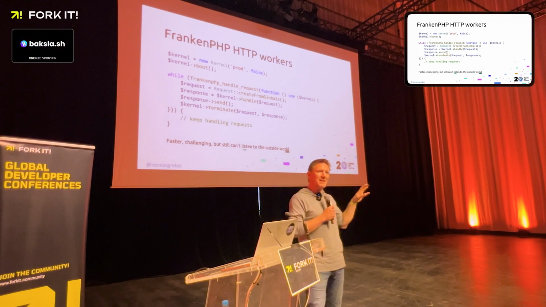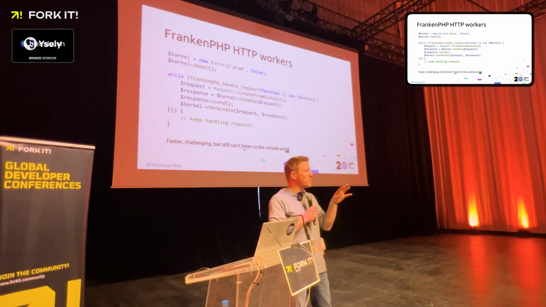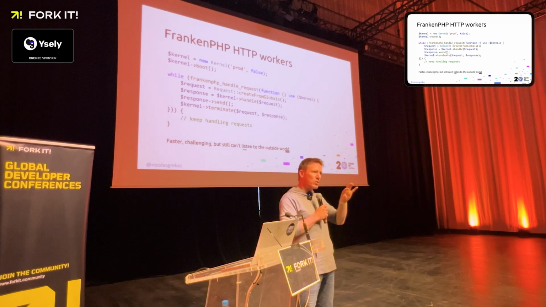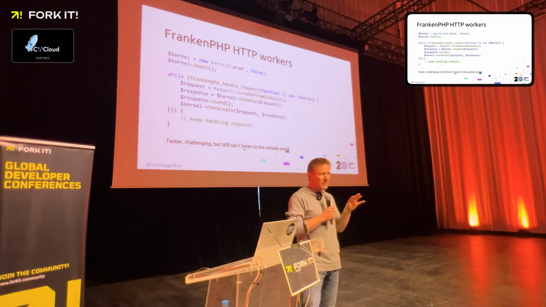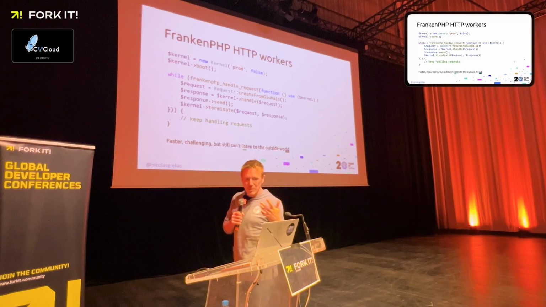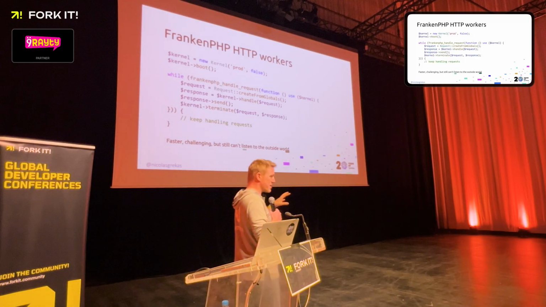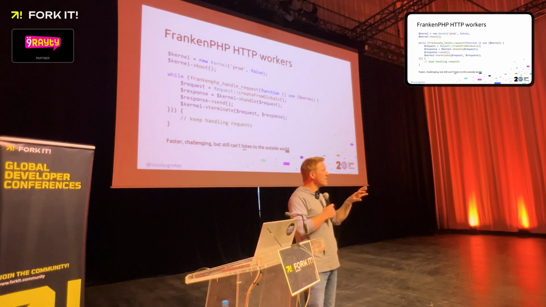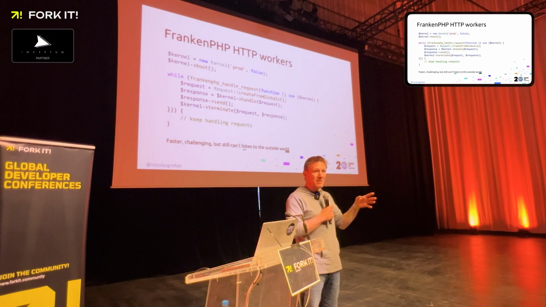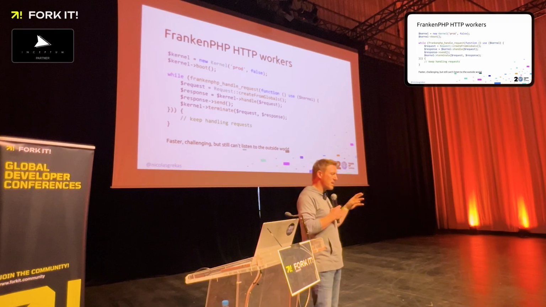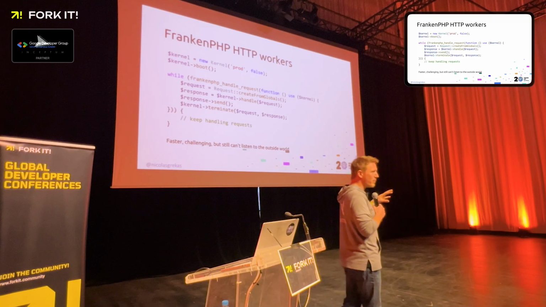Instead of having, let's say, Nginx and PHP FPM plus a protocol in between, like FastCGI, to communicate and to deploy at some point, you have only one single process that embeds the HTTP server and manages PHP threads, because that's how it's implemented. So this is a Go binary.